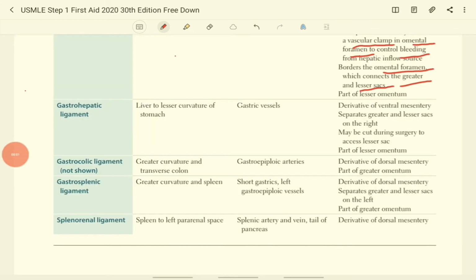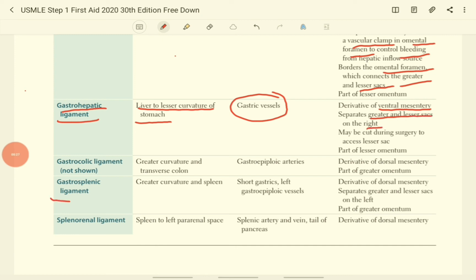The gastrohepatic ligament, which connects the liver to the lesser curvature of the stomach, is also derived from the ventral mesentery. It contains some blood vessels, which are the gastric vessels, and it divides the greater and lesser sac on the right.